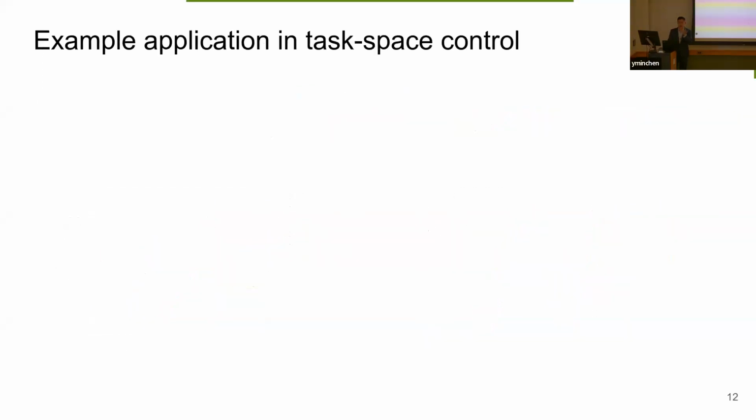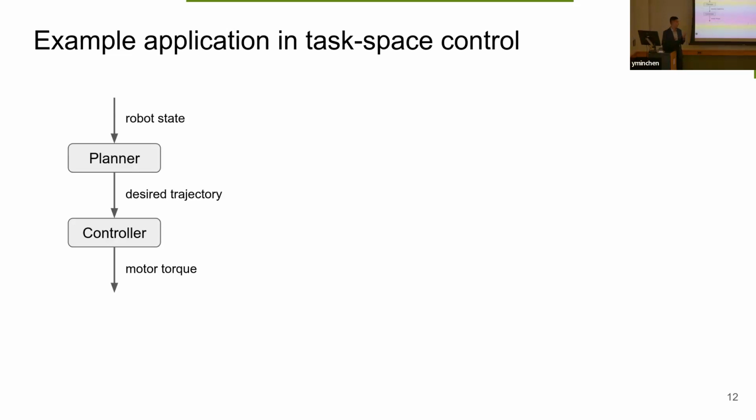So yeah, now that we have this average orientation as a function of joints, I want to show you an application in task-based control. So this is a pretty standard planning and controller diagram in robotics. So normally we plan for desired trajectories given robot states, and then track these desired trajectories in a controller.